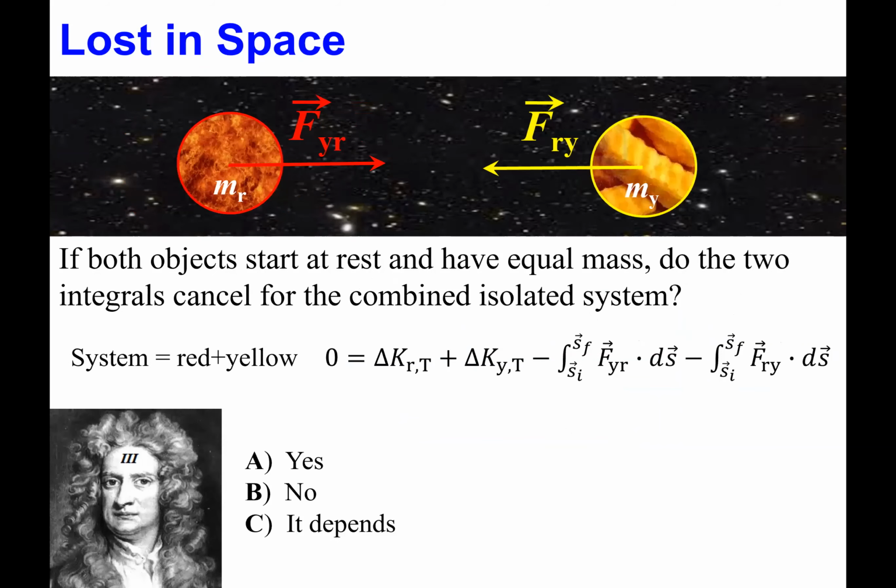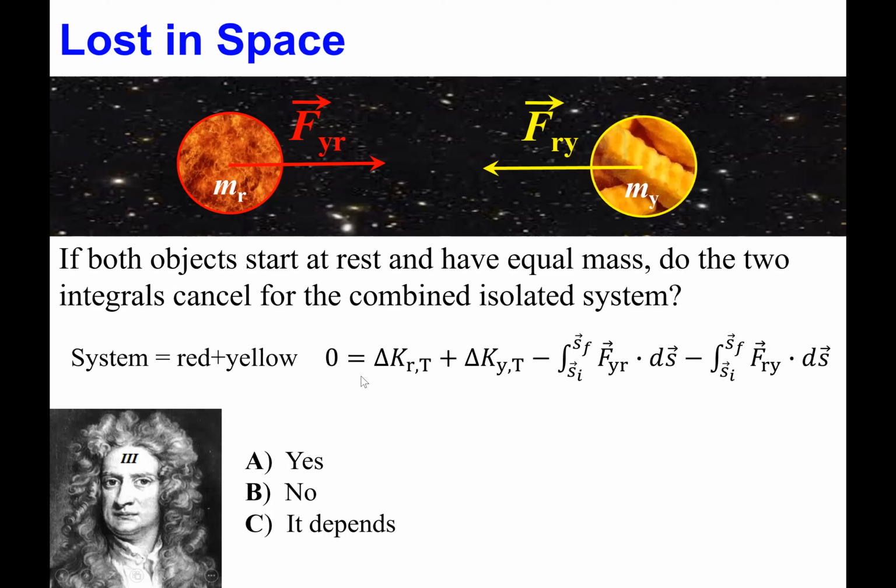Now let's look at another example. If both objects start at rest and have equal mass, do the two integrals cancel for the combined isolated system? So now we're thinking about the two objects together as the system, as before.